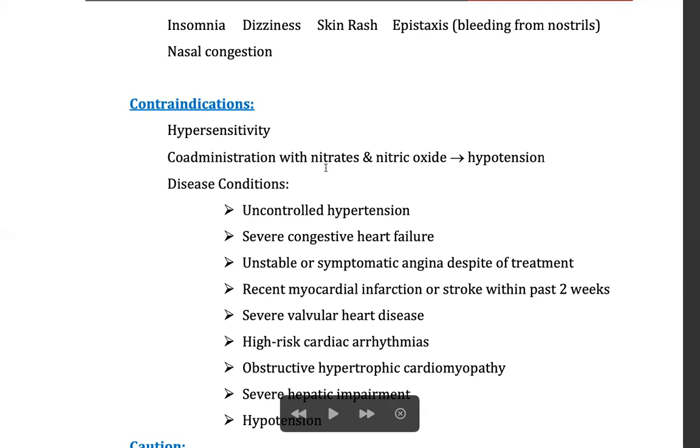So co-administration with nitrates and nitric oxide donors like nitroglycerin should be avoided.